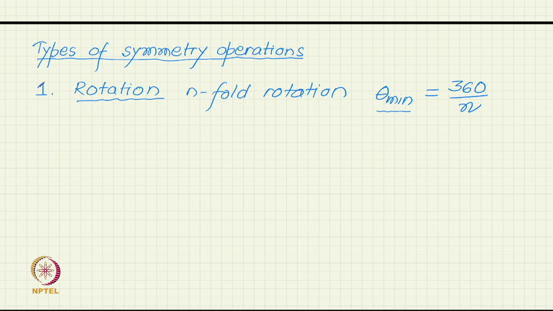So, a square has two-fold symmetry, but as a subgroup of fourfold symmetry. For the actual description of its symmetry, we will say that it has fourfold symmetry rather than twofold symmetry, because twofold is not a complete description of its symmetry, since it has a higher symmetry. So, that is rotation, so you have a rotation axis.